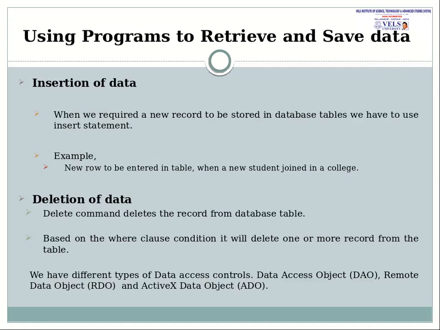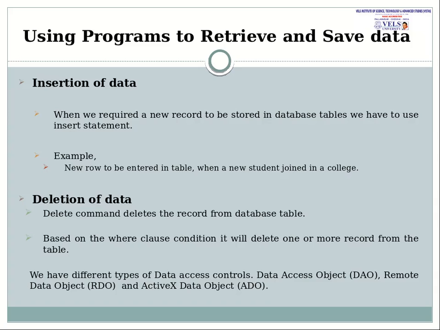And the next one is insertion of data. Here, when we require a new record to be stored in the database, we have to use the insert statement. If you want to add a new row, with the help of the insert statement we can add a new row to the particular database table. And deletion of data means the delete command, which deletes records from the database tables.